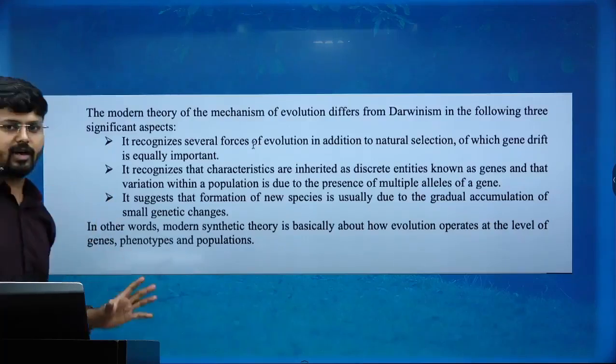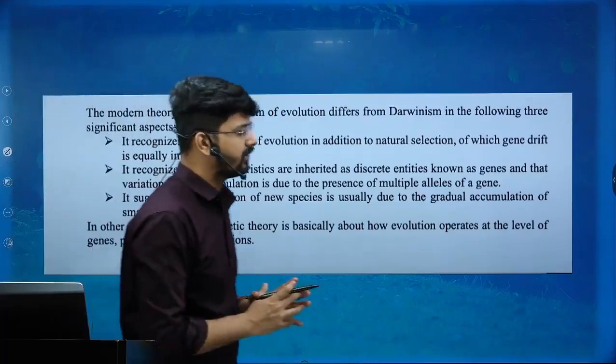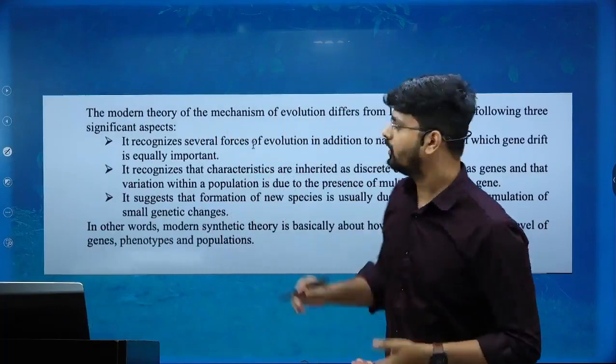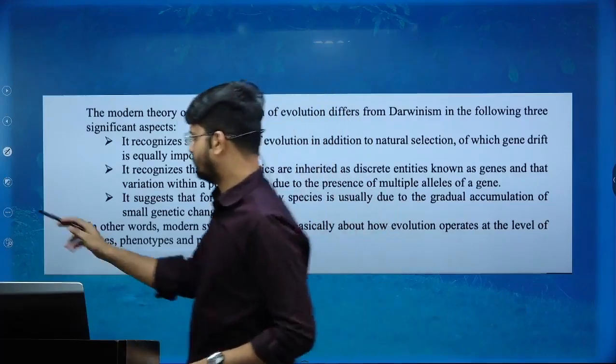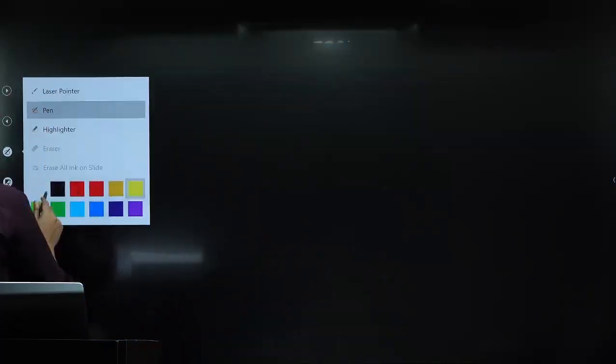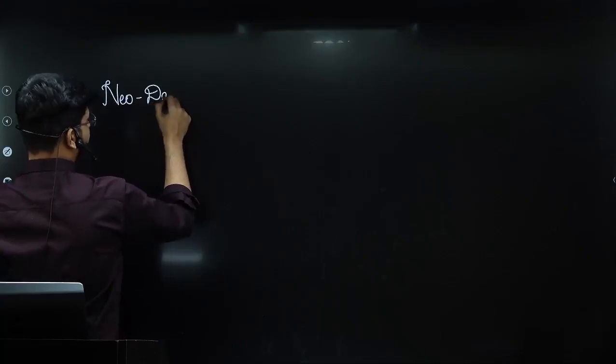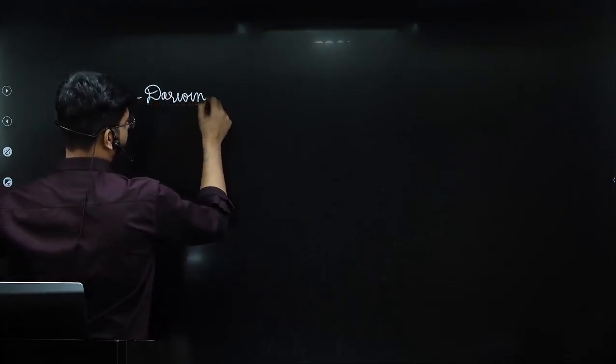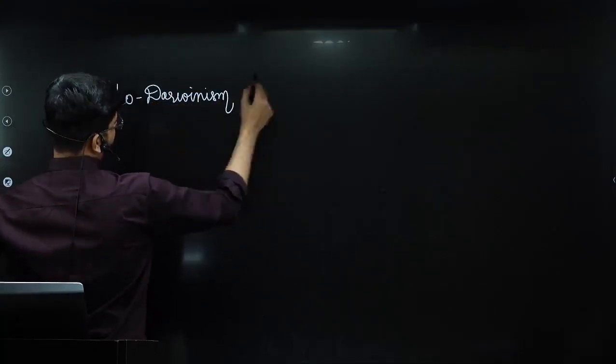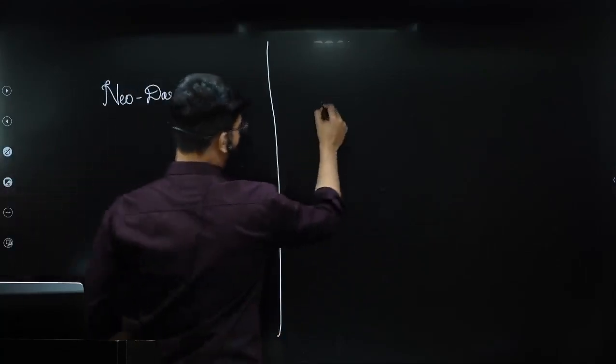The next theory that we are going to read after this is the synthetic theory. One thing you need to know is that it is known as neo-Darwinism, and there is also something known as post-Darwinism.